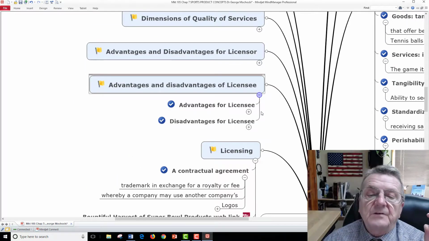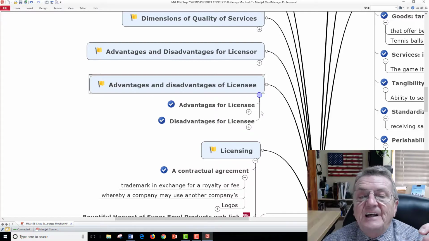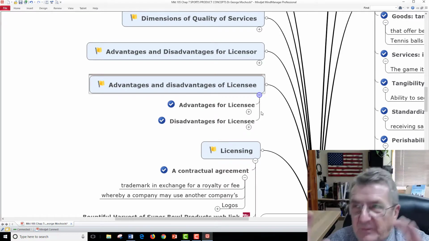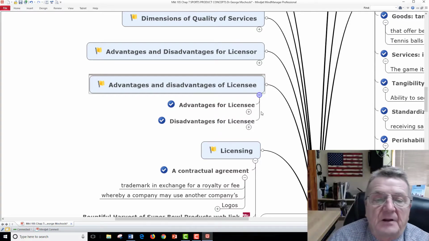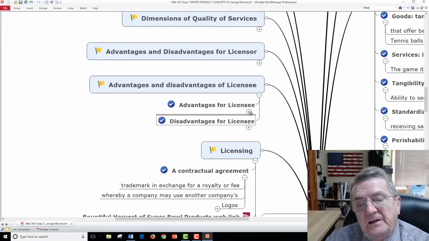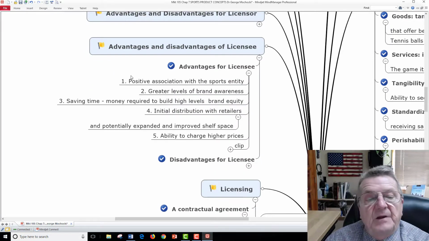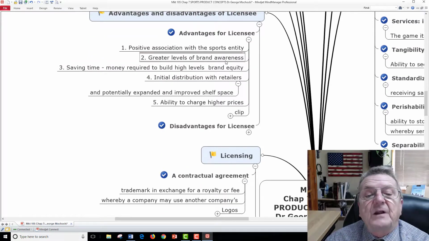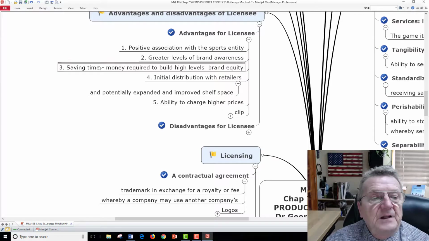Now you have two parts of licensing: licensee and licensor. Employee, employer. I just want you to know the hierarchy on that. If I'm looking at the advantages for licensees: a positive association with a sport or entity, greater levels of brand awareness, and saving the time and money required to build high levels of brand equity because you're already doing it.